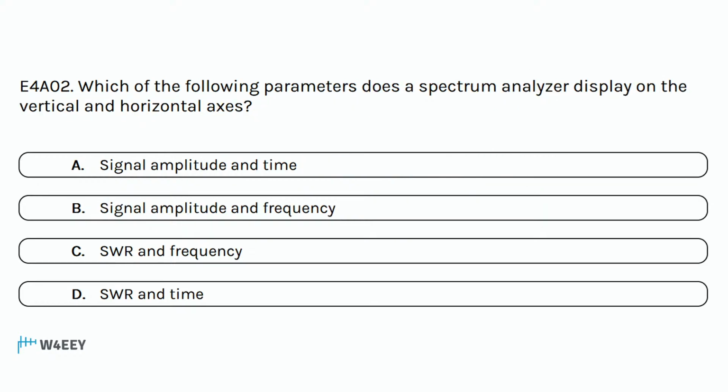And which of the following parameters does a spectrum analyzer display on the vertical and horizontal axes? Bravo. Yes, signal amplitude on the vertical and frequency on the horizontal.